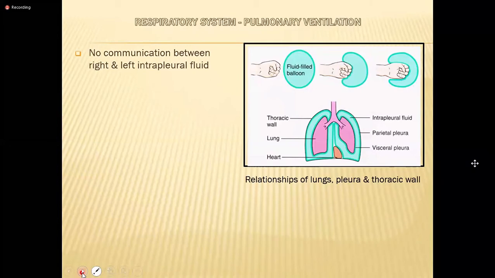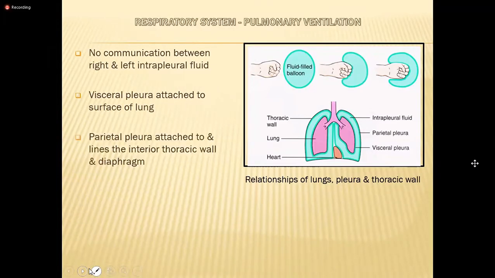No, there is no communication between the right and left intrapleural fluid. You have your visceral and your parietal pleura. The visceral pleura is the one attached to the surface of the lungs, this one here.